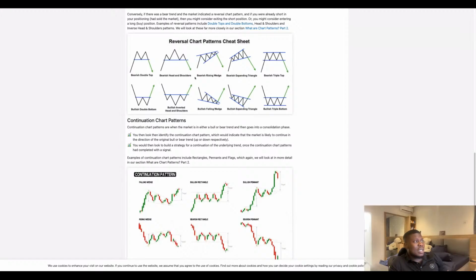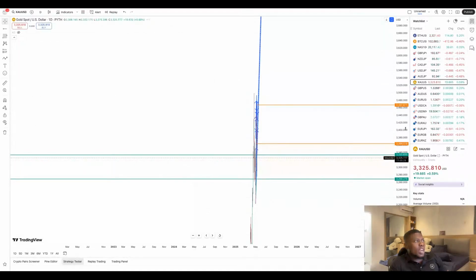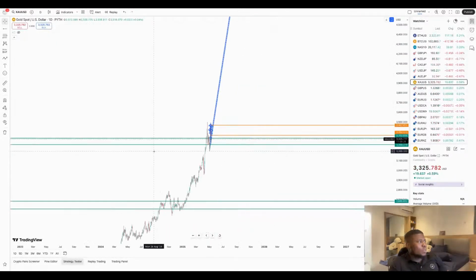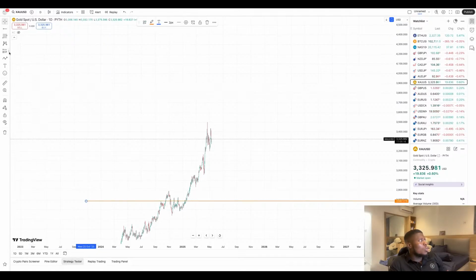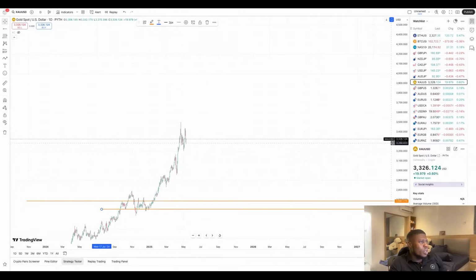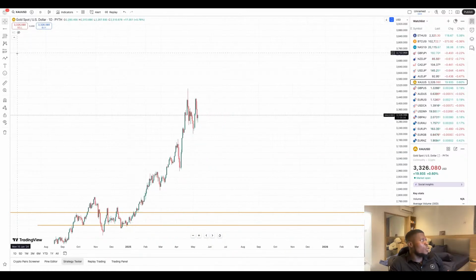So now on this gold, when you look at gold on the 1 day, the uptrend is still very strong. Let me delete. When you look at gold on the 1 day, gold has not shown any sign of reversal. Now, let's say gold makes this move and forms a double top here.